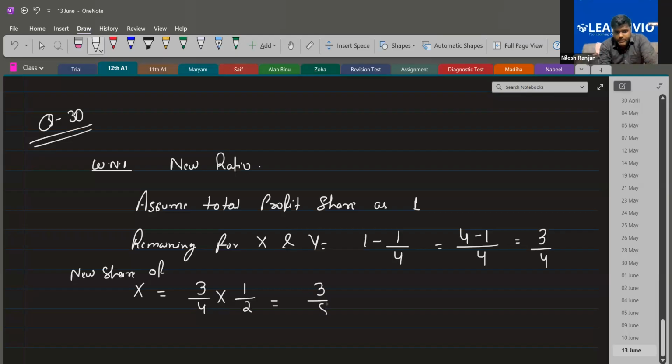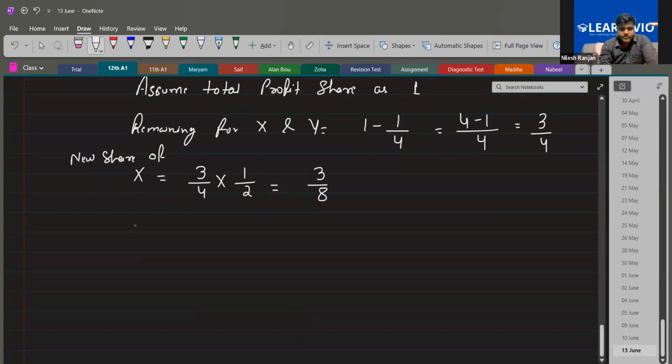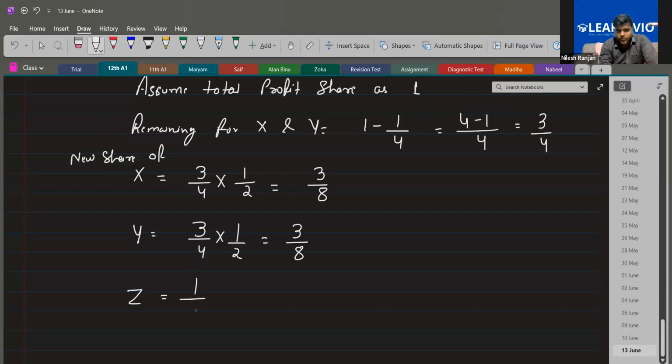So 3/8. Y is getting 3/4 times 1/2, that is also 3/8. And Z is getting 1/4, so 2/8. So the new ratio will be 3:3:2. This is the new ratio.